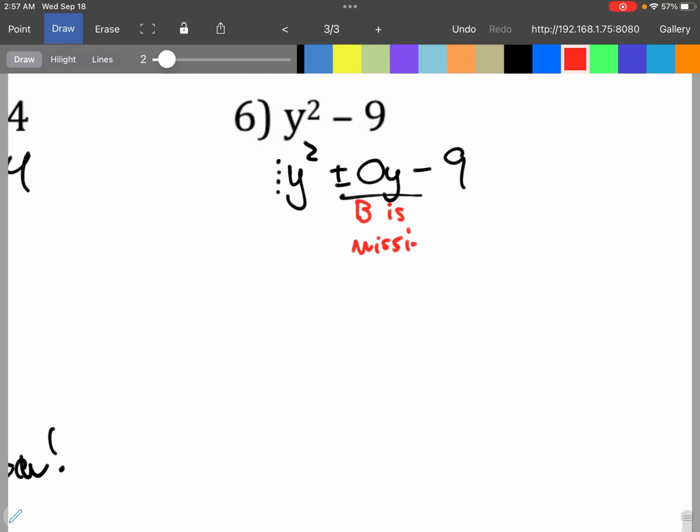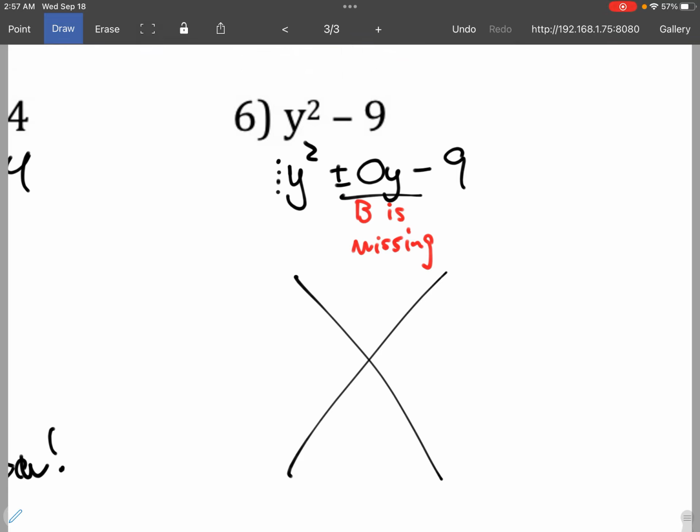They do not have a B term in this situation. This is called a special case. But if we fill out our X, our two numbers are going to multiply to 1 times -9. 1 times -9 is -9. These same two numbers have to add up to 0.